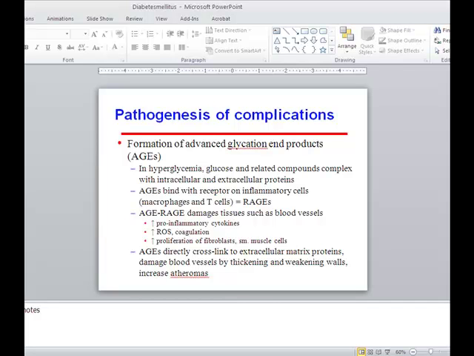And these AGE complexes can then bind to receptors on inflammatory cells. And the complex between AGE, the advanced glycation end products, and inflammatory cells is referred to as RAGE.